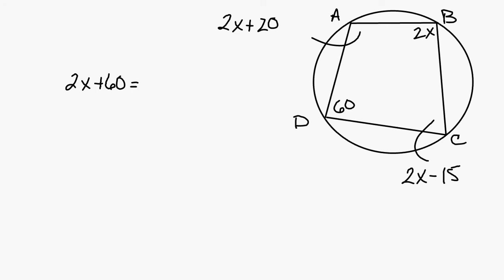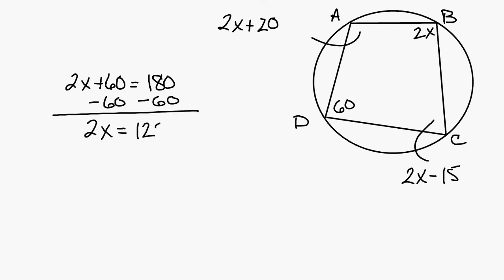Good, 180. So in this case, you could subtract 60 from each side. And 2x would equal 120. And then you could divide by 2. And x would equal 60.